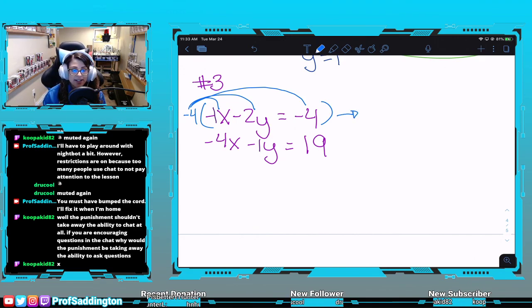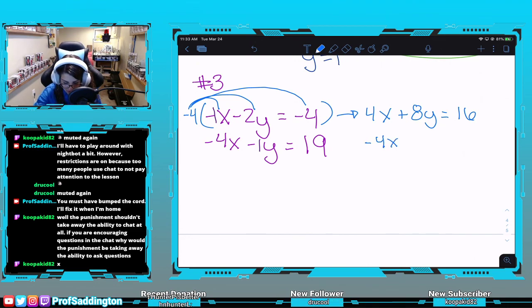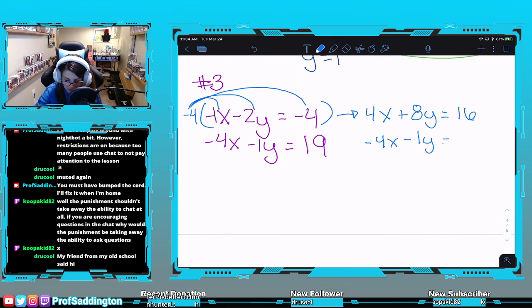And then I'm going to write it off to the side. So all of our signs are going to change. I'm going to have positive 4x, positive 8y equals positive 16. And then the bottom one did not change, so we're just going to rewrite that over.